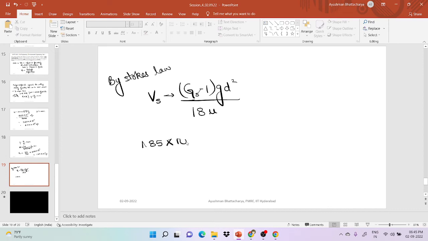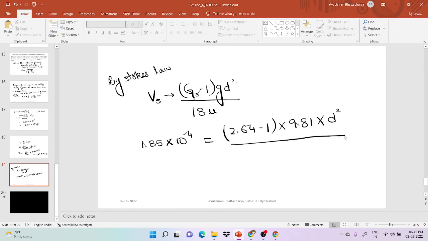In the question, Gs is 2.64, specific gravity, minus 1. This is 9.81. This is the diameter of the particle, d. So this is the kinematic viscosity, 18.